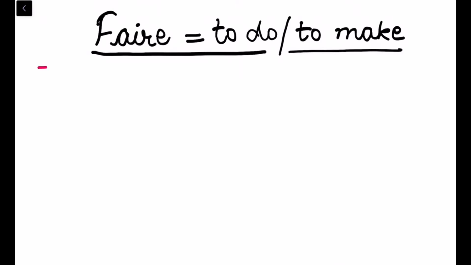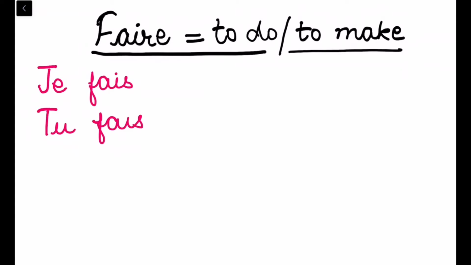So now I'm telling you the conjugation. With je, the conjugation is FAIS. That means I do or I make. With tu, the conjugation is the same again in the spelling, that is FAIS.